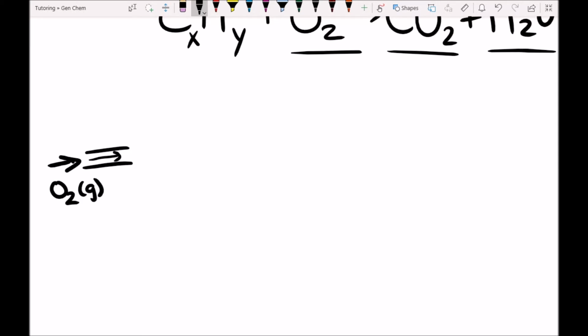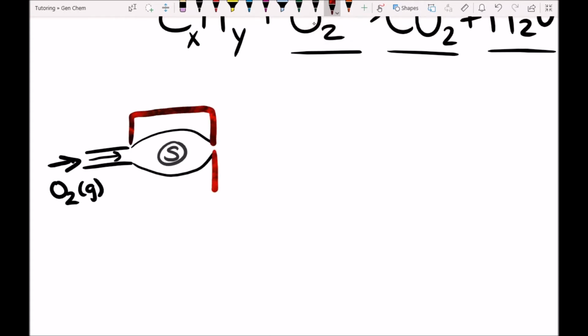Then we reach the first chamber, and in the first chamber we place our sample. I'll call it S. And around that initial sample chamber, we have some heaters. And those heaters heat up the sample in the presence of oxygen and initiate the combustion reaction.